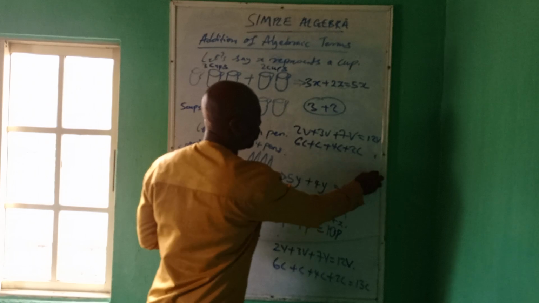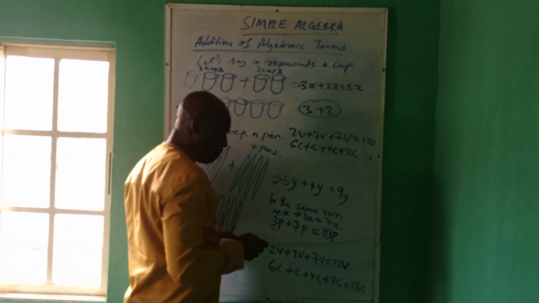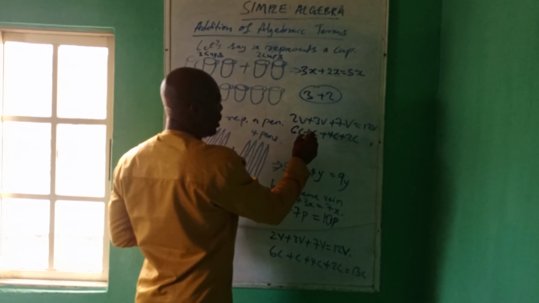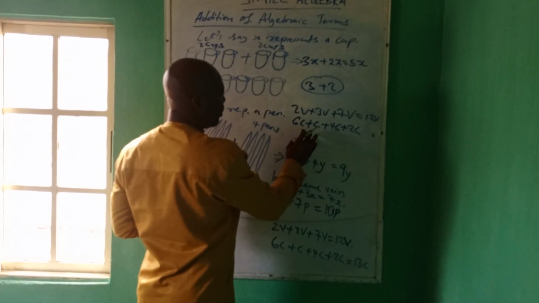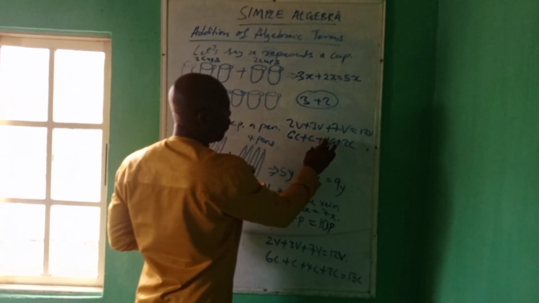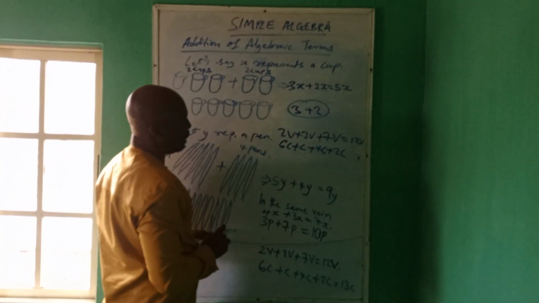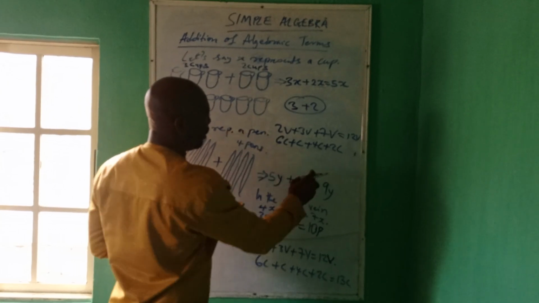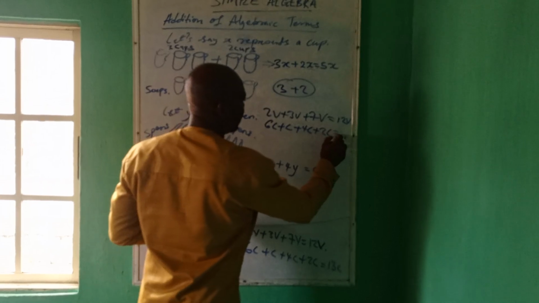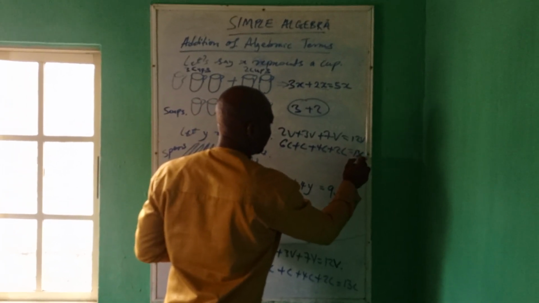So we have 6c plus c to have 7c, and 7c plus 4c is your 11c. Your 11c plus 2c is your 13c.